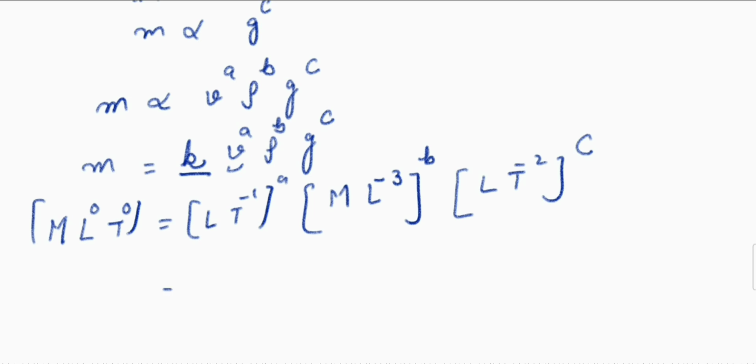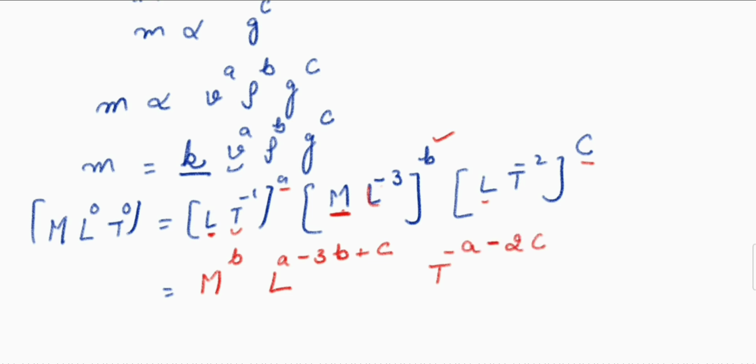Now we'll combine all the powers on the right hand side. Here I have only one M, so this will be M raised to power b. For L, we get L raised to power a, L raised to power minus 3b, and L raised to power c, so a minus 3b plus c. Similarly for T, we get T raised to power minus a minus 2c.